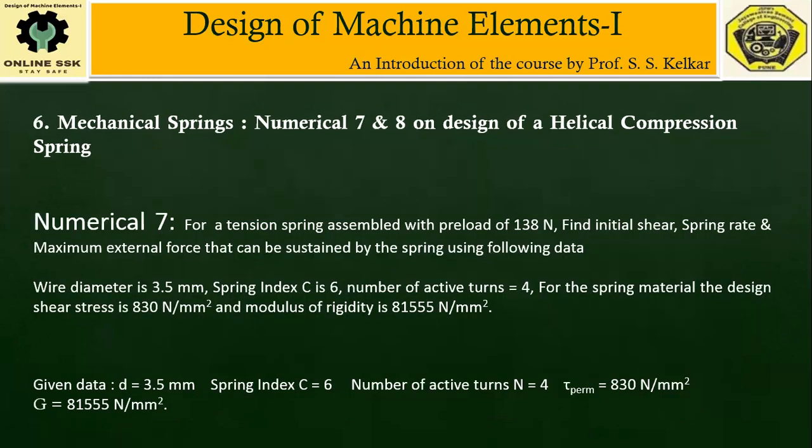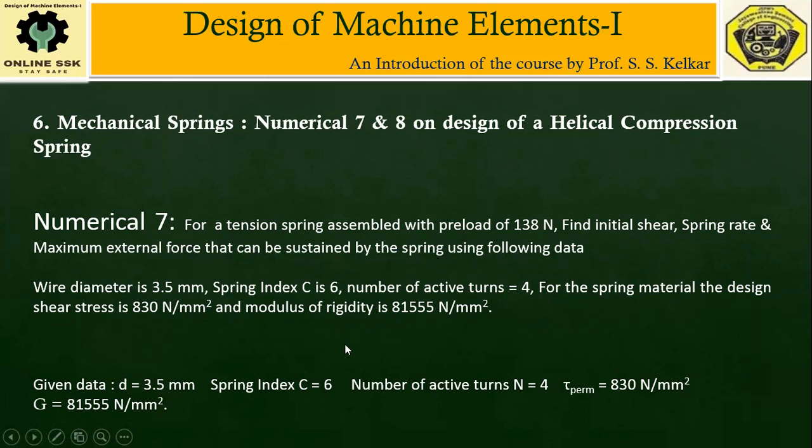Now let us solve one numerical based on analysis of the spring. Here, for a tension spring assembled with a preload of 138 Newton, we need to find out the initial shear stress, the spring rate, meaning spring constant, and the maximum external force that can be sustained by the spring using the following data.